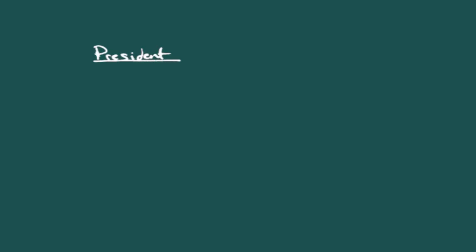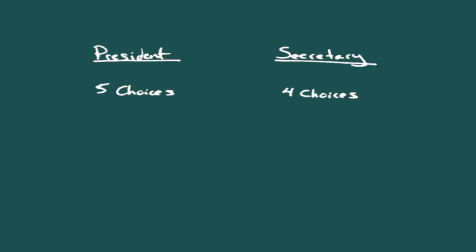So what we have is 2 positions. We have a position as president, and we have a position as secretary. If we look at our total number of choices for choosing president, well, we've got 5 people in our group, so we've got 5 choices for that one. Now, when we turn to the secretary and look at how many choices we have, we have 4 choices because we've already chosen the president.